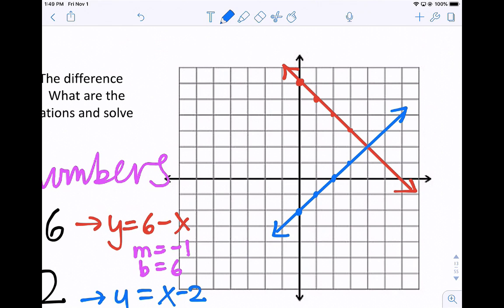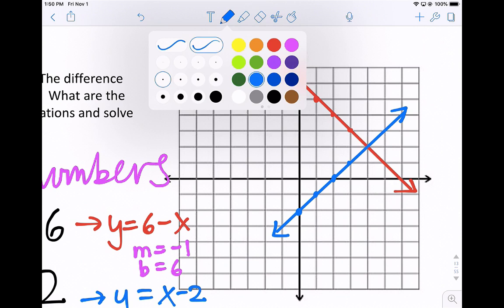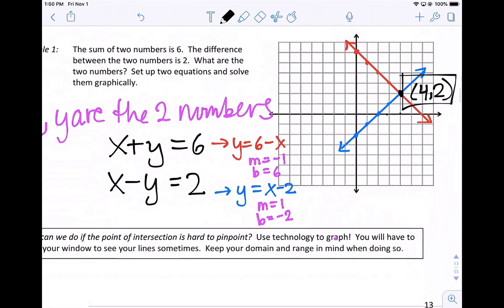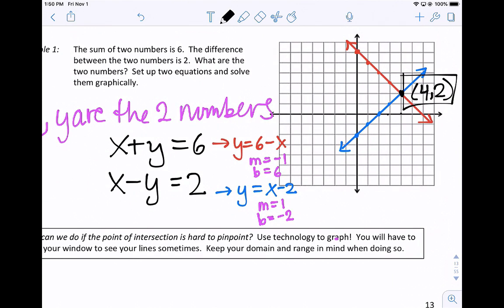Okay. And we learned yesterday when you solve a system, we're looking for that point of intersection. So here, the point of intersection is 4, 2. In this case, those happen to be our two numbers. These two numbers have a sum of 6 and a difference of 2.